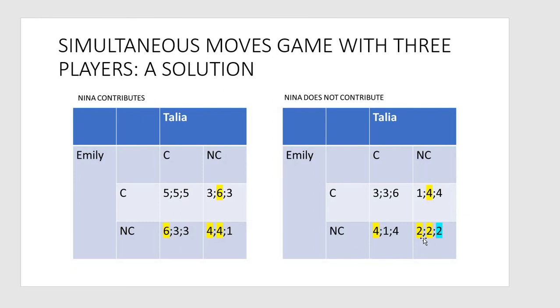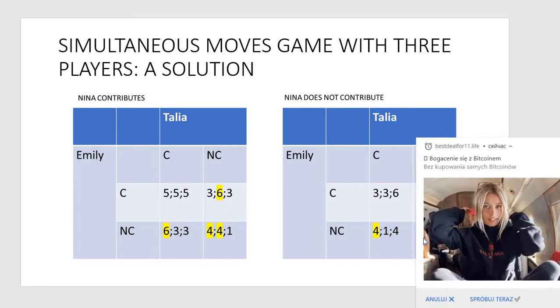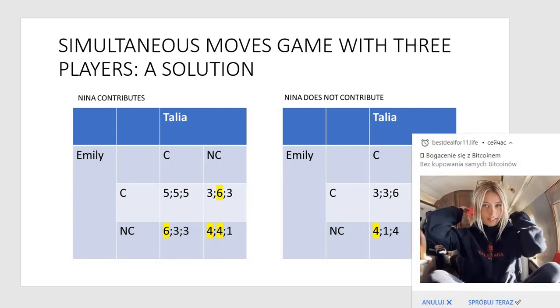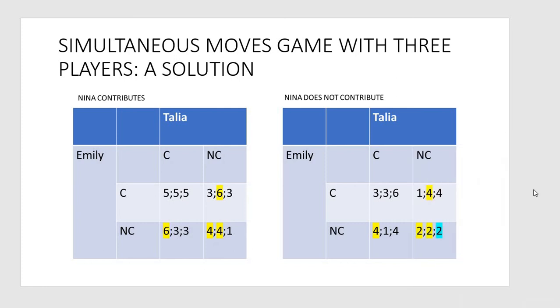So actually Nina is a rational player, we assume her to be a rational player. And she knows that both Emily and Talia have a dominant strategy not to contribute. So she can choose to contribute and then get 1, or she can choose not to contribute and then get 2.